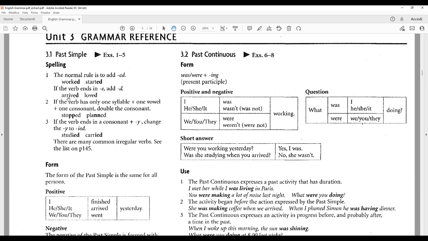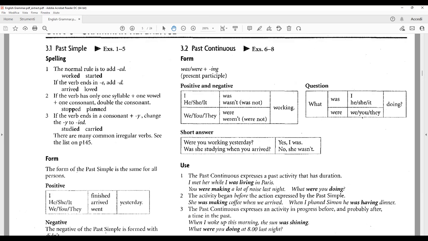I arrive, I arrived, I love, I loved. If the verb has only one syllable, plus one vowel, plus one consonant, double the consonant. Quindi abbiamo un verbo stop, ok? Dove c'è una vocale prima di una consonante, stop, si raddoppia la consonante finale.